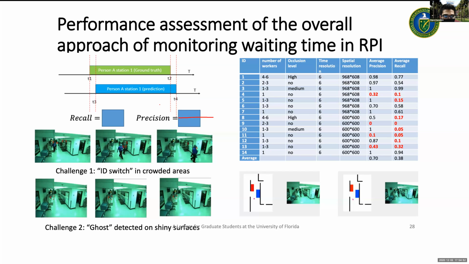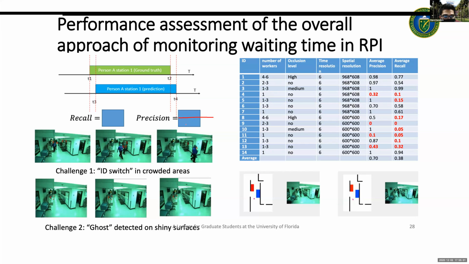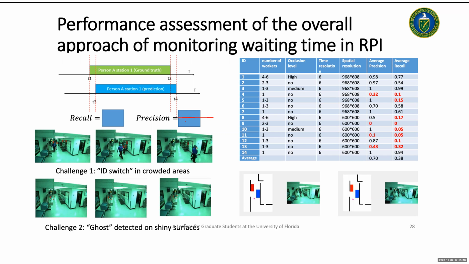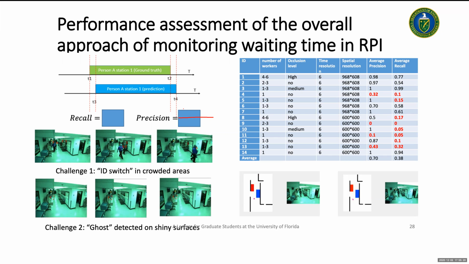So I think the true positive should be in the numerator, the top. The denominator should be what? T2 minus T1, I guess. No, actually that's the ground truth. Oh my goodness. I think that's T2 minus T3 over T4 minus T3.